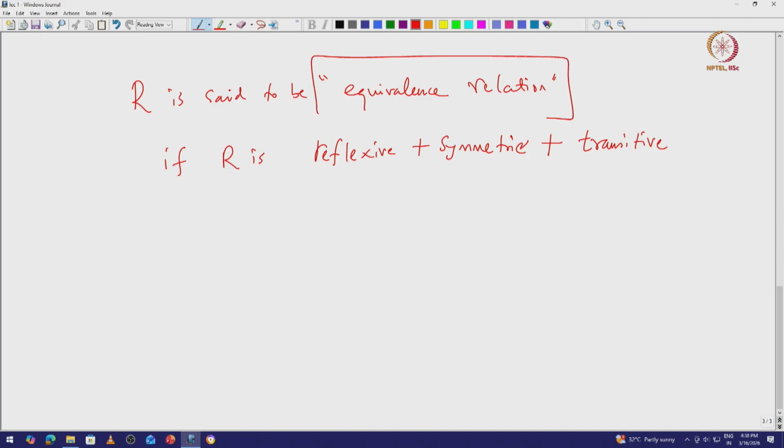And equivalence relations are very important and they are related to partitions of a given set, okay. We will understand equivalence relations more in an upcoming lecture.